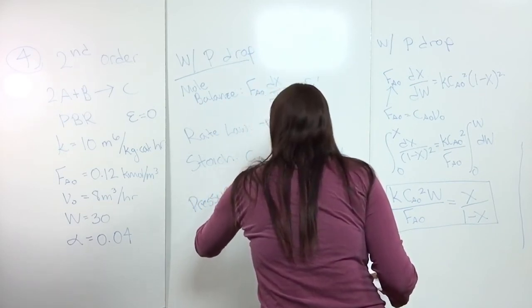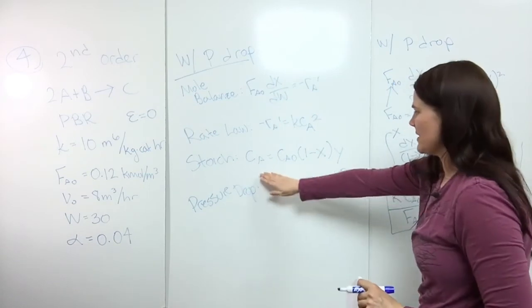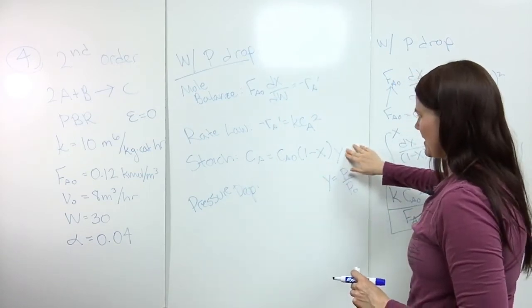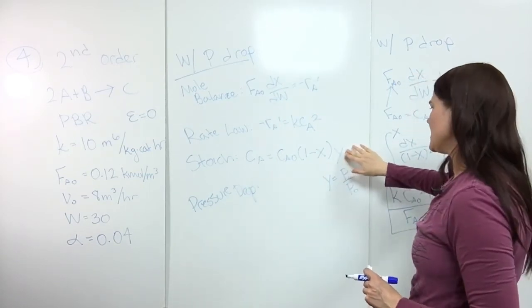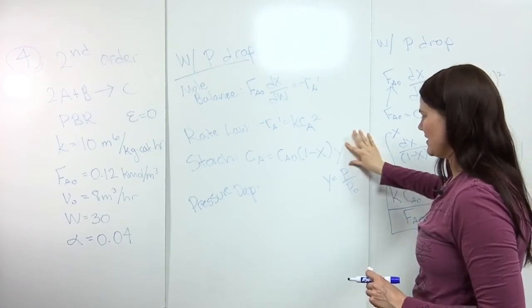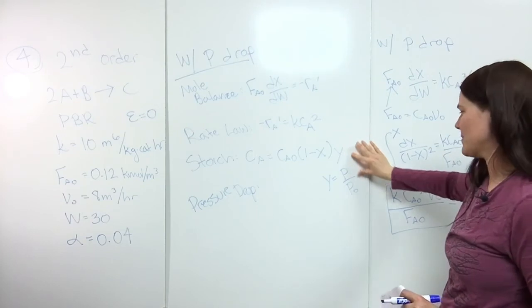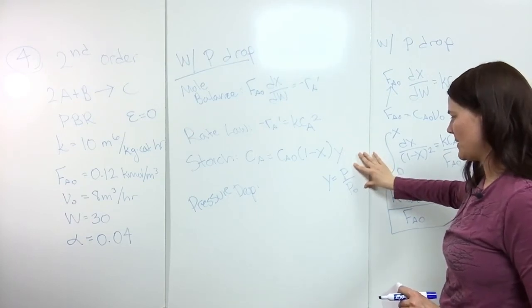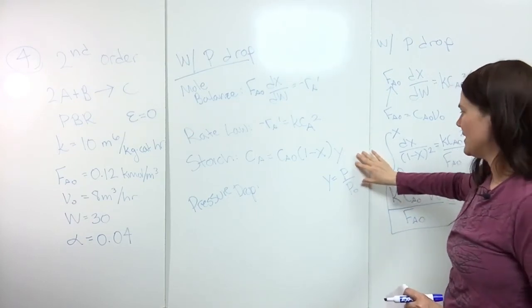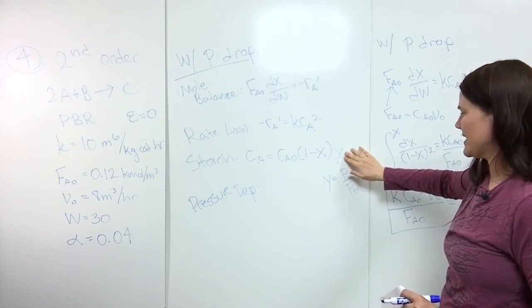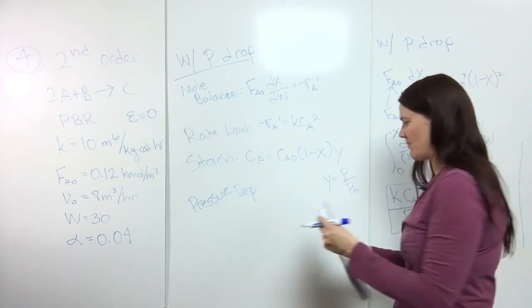So these are the two differences: we end up multiplying CA by y. And if you remember, this P over P naught was always here. We've just been assuming it's 1 with no pressure drop, so that's why it goes away. So then you need to leave this in to account for it now.